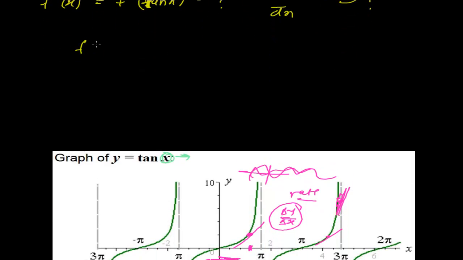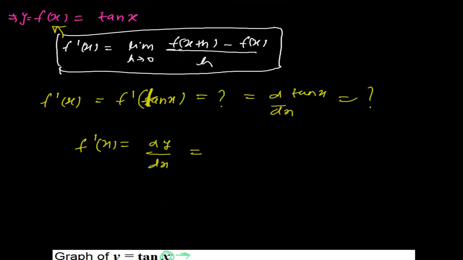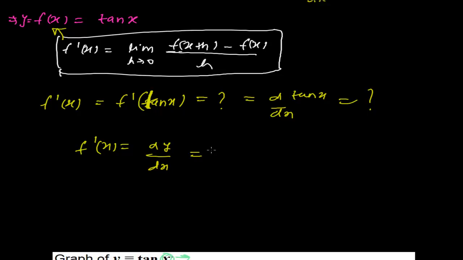Here our function f prime x, or dy by dx, will now be equal to the limit as h tends to 0. Now see, f(x) is such a function that whenever you insert something, suppose you insert x, you get tan x.